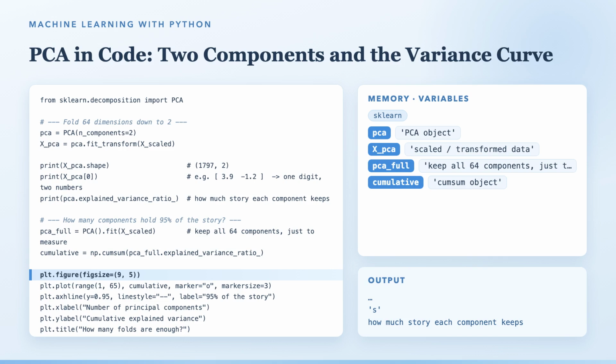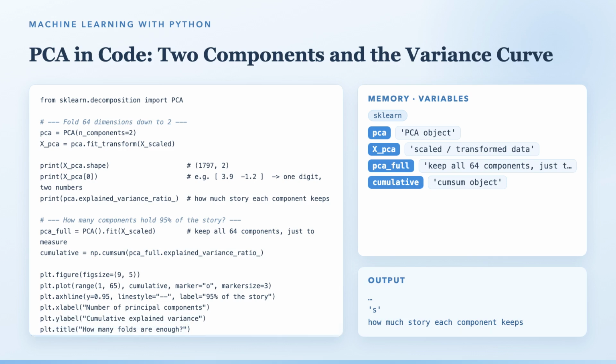First, we import PCA from sklearn.decomposition. We create PCA with n_components set to 2, then call fit_transform on X_scaled, saving the result as X_pca. Printing its shape shows 1,797 rows and just 2 columns, and the first row is roughly 3.9 and minus 1.2, 1 digit, 2 numbers. pca.explained_variance_ratio_ tells us how much story each component keeps.